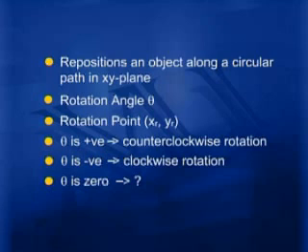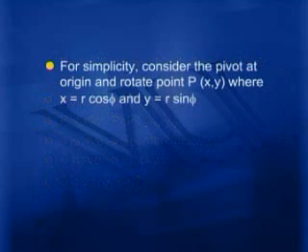So positive theta, counter clockwise rotation; negative theta, rotation would be clockwise. What if theta is 0? Naturally there won't be any rotation. So अगर थीटा हमने स्पेसिफाई किया पॉजिटिव तो काउंटर क्लॉकवाइज रोटेट कर देंगे, अगर नेगेटिव किया तो क्लॉकवाइज रोटेट कर देंगे. And if we don't want to rotate it, theta can be kept as 0.